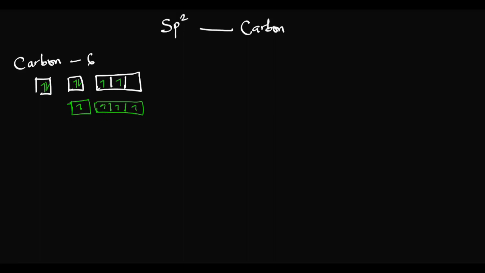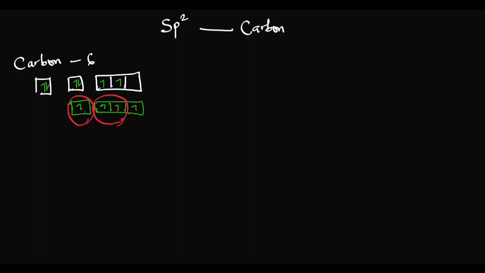So in this sp2 hybridization, it's only one of this and 2 of this that actually mix together to form a hybrid orbital. Unlike sp3, whereby this one, this and this mix together to form sp3, it doesn't happen like that in sp2.